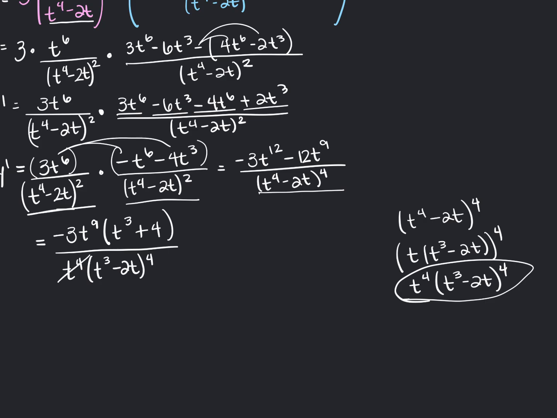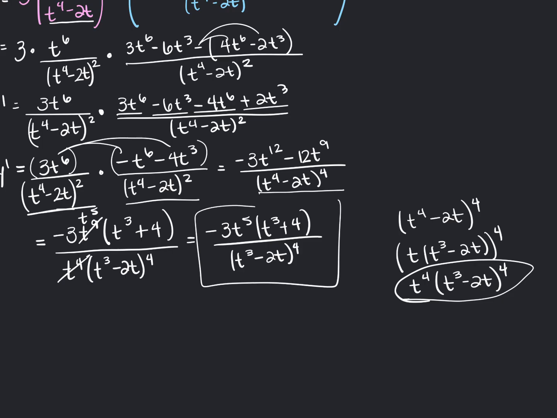Well, t to the 4th will go into t to the 9th, and we're left with a t to the 5th. So this cleans up to be negative 3t to the 5th times t cubed plus 4 over t cubed minus 2t to the power of 4. And that's our simplified final answer.